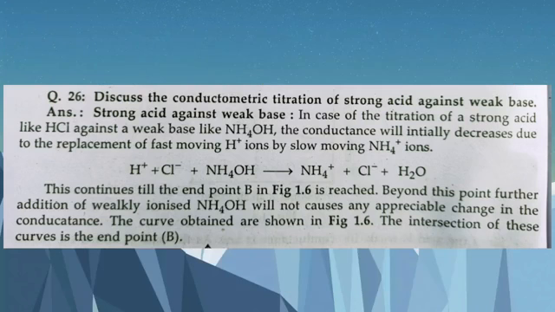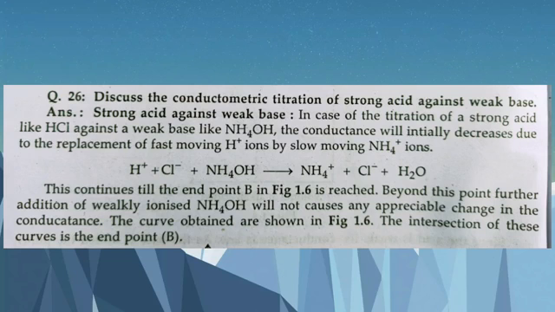Now here is the next question. Discuss the conductometric titration of strong acid against weak base. So these are the combinations. Now in this case of the titration of the strong acid like hydrochloric acid against a weak base like ammonium hydroxide, the conductance will initially decrease. Why?